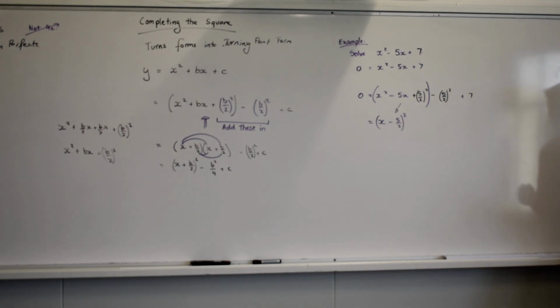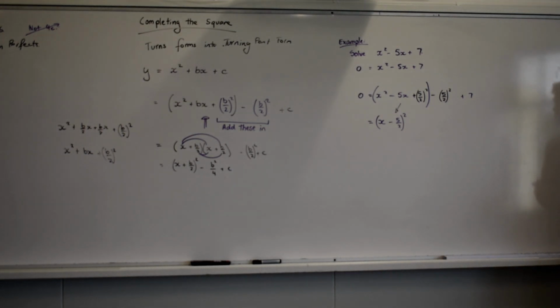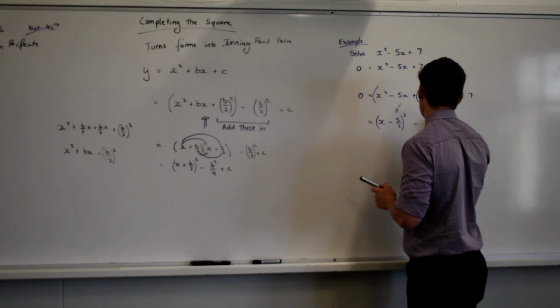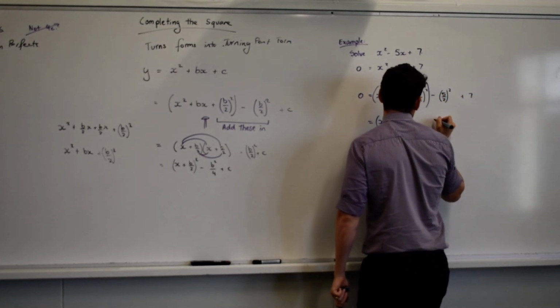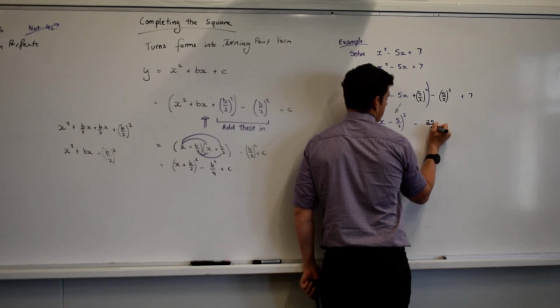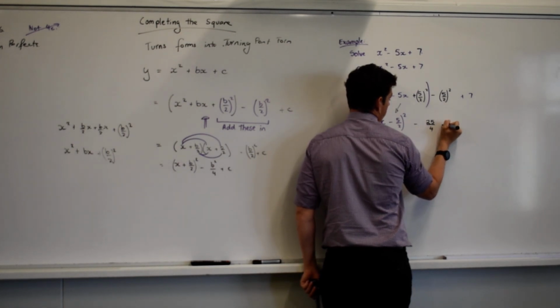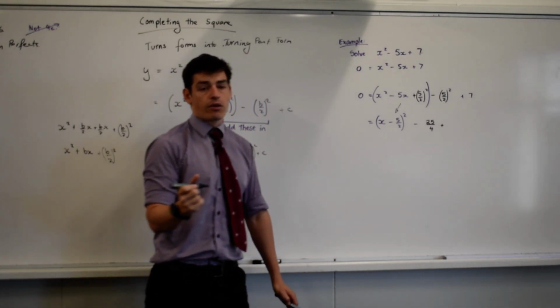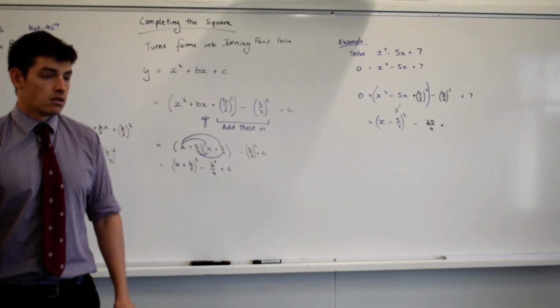What do I need to make sure I've now got in there? What's minus 5 on 2 squared? How can I write that? 5 on 2 squared is 25 over 4. I want to represent 7 as a fraction over 4. How do I do that? Times by 4.